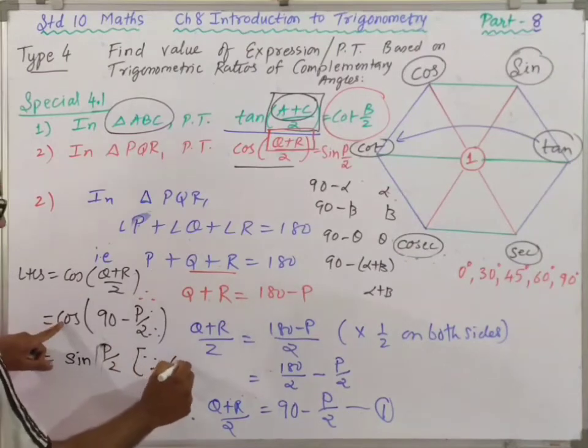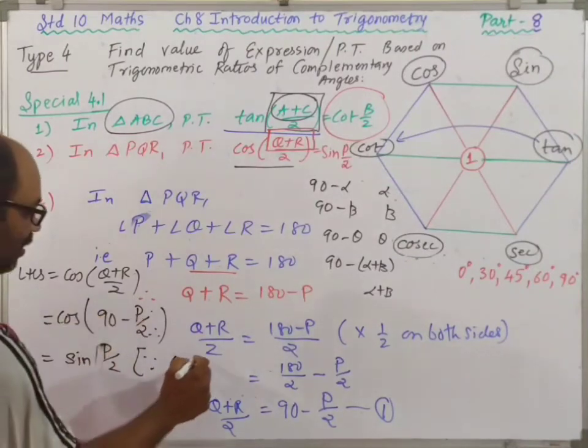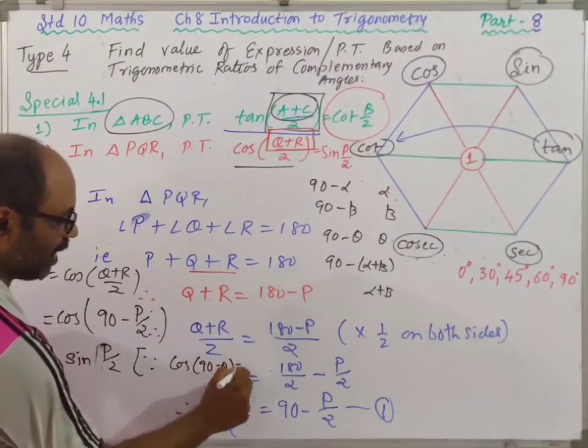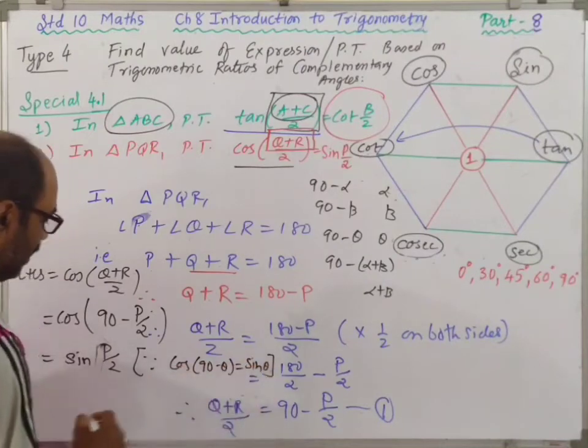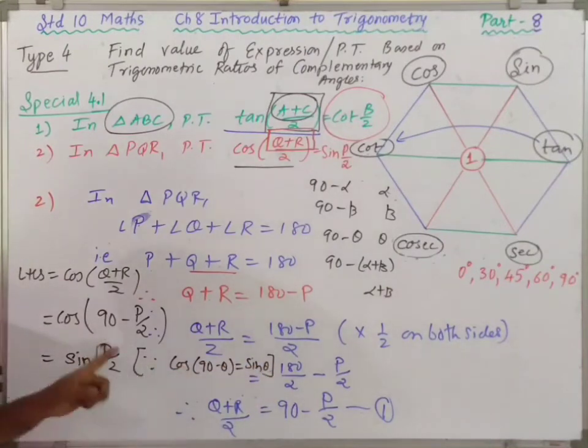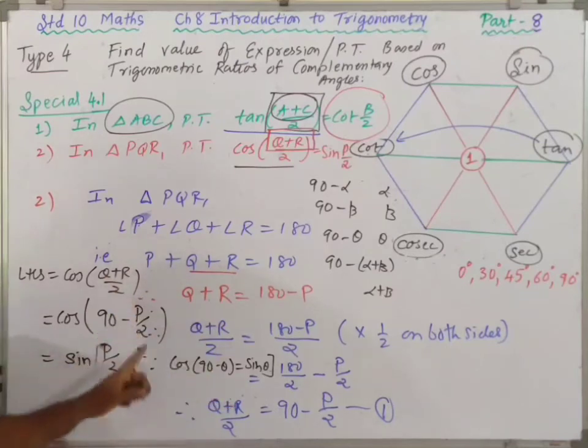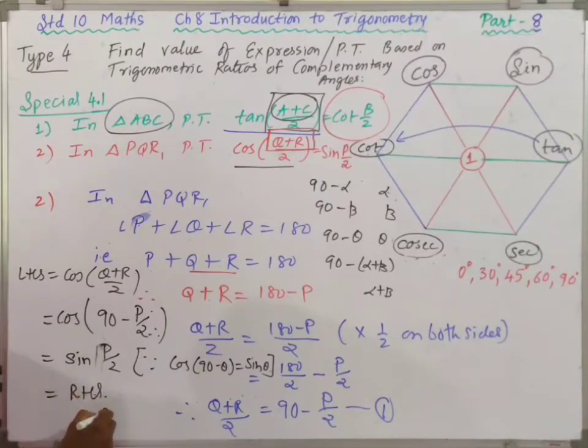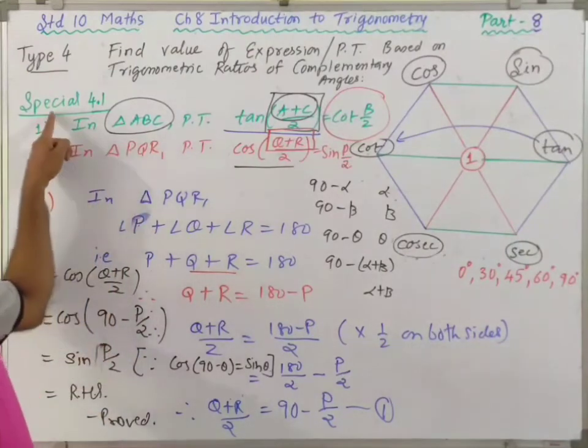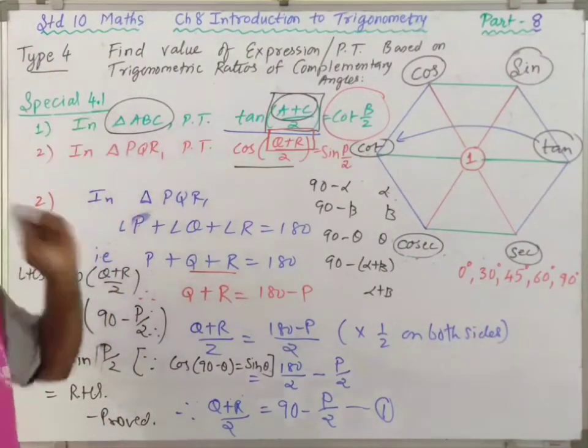Because you converted cos and it is of the form 90 minus theta, which equals sin theta. Or you may write trigonometric ratios of complementary angle. And that is equal to the right hand side. Proof. Got it, children? So, special type 4.1 is done.